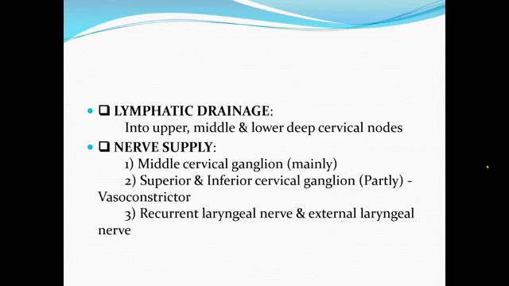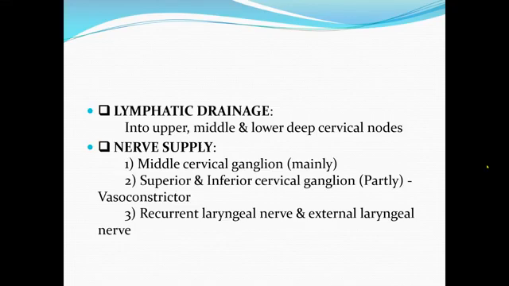You should write posterior cricoarytenoid, lateral cricoarytenoid, thyroarytenoid, aryepiglottic, and thyroepiglottic muscles.